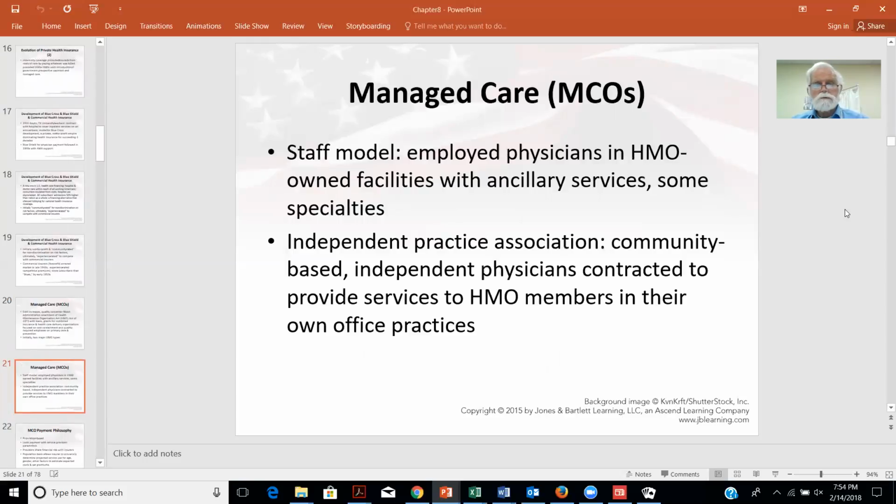We also saw changes there, the idea being to try and keep people well rather than fix them after they're broken.